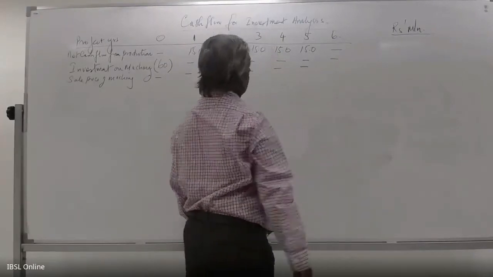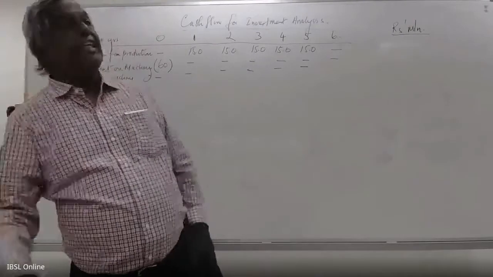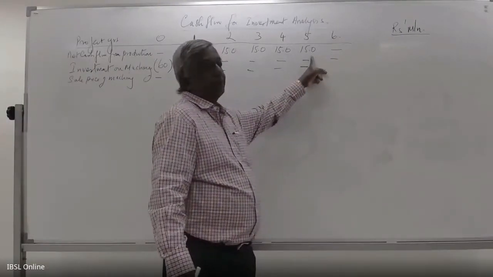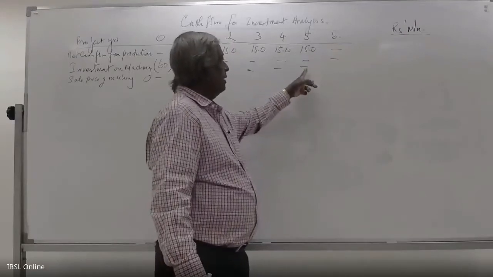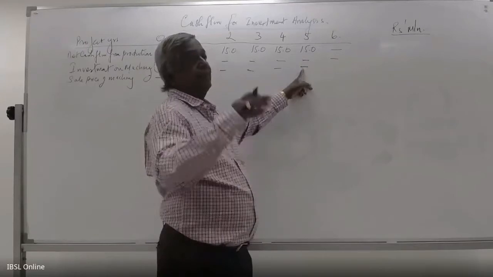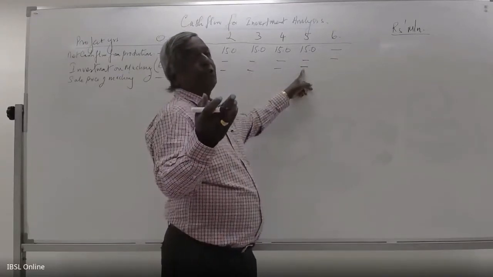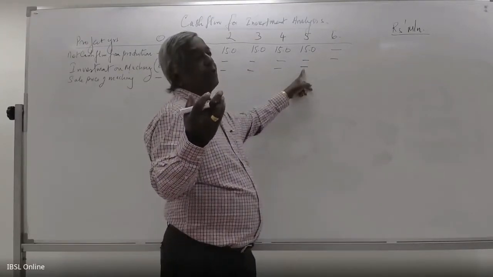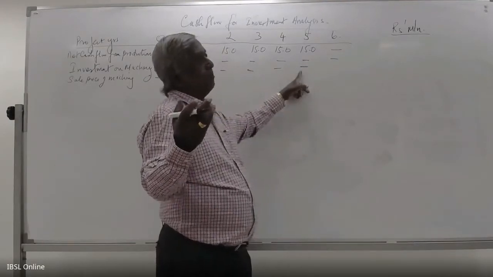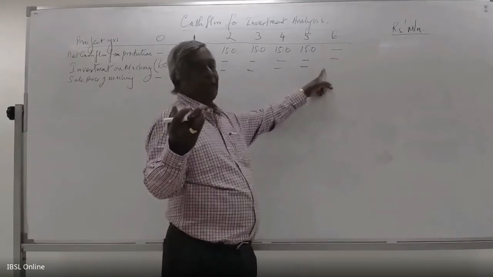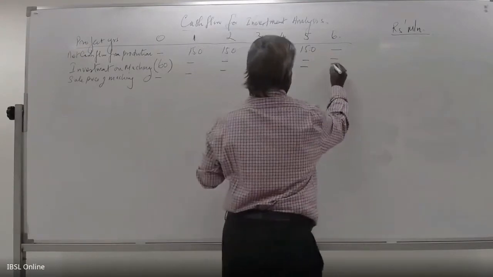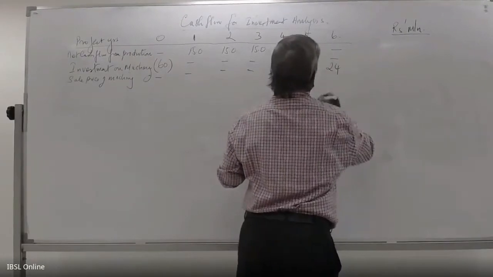Actually, up to 5 years the machinery has to work and do the production. Some people take the sale value after production in the 5th year, but we, the World Bank, take it as after the 5th year. So that is 24 million in the 6th year.